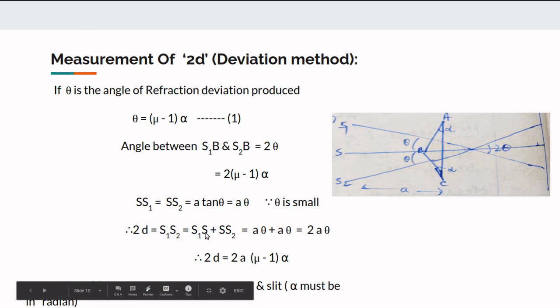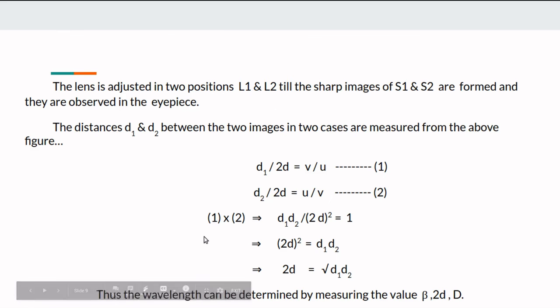D1 and D2 are measured by the micrometer, just like fringe width, and object and image distance are measured by the scale on the micrometer.